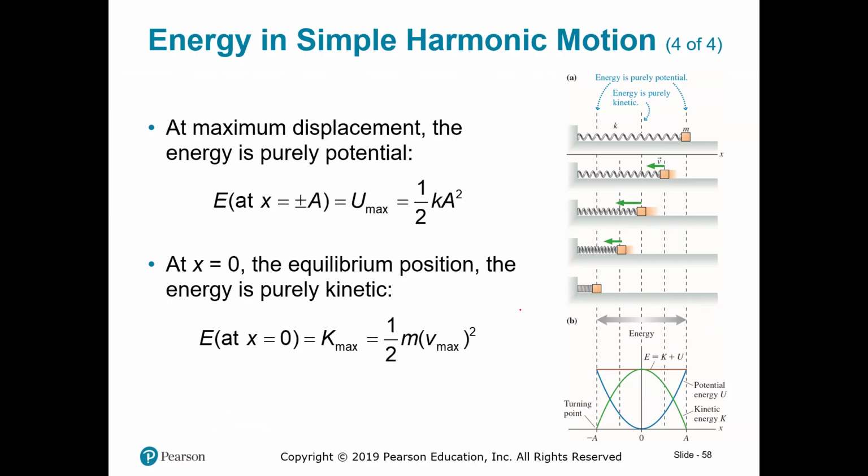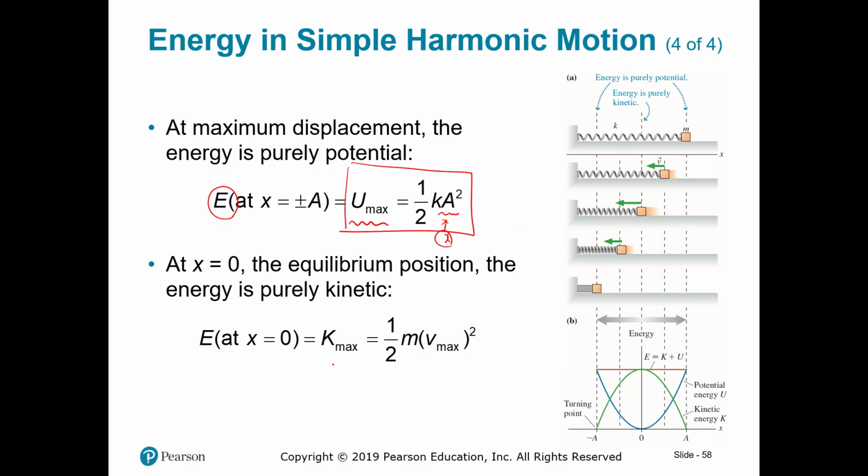What is the maximum potential energy? It is the same as the total energy, which is 1/2 times kA squared. The only difference is I changed x to A, because the maximum value of x is A.